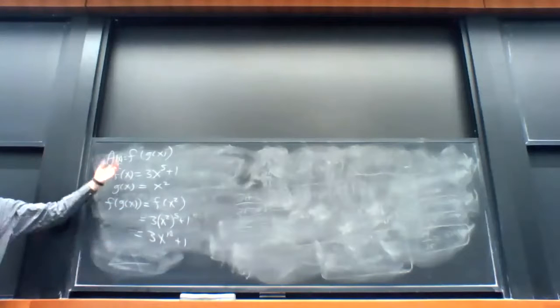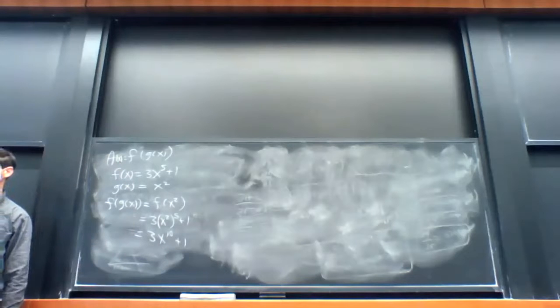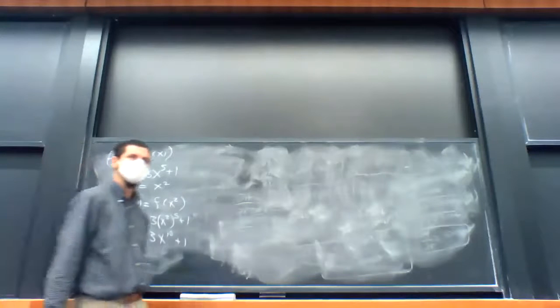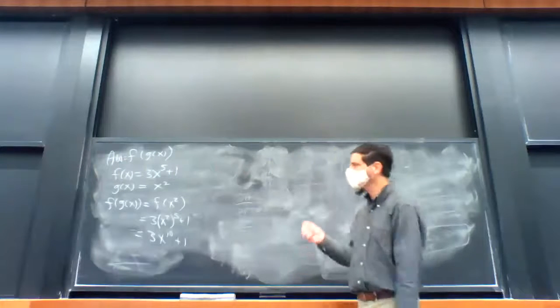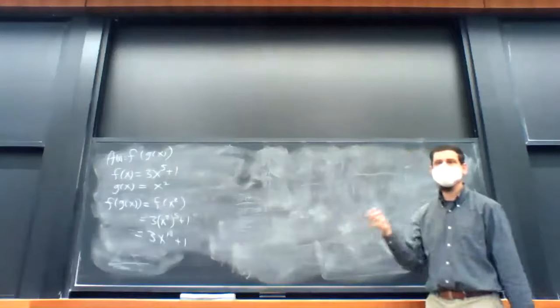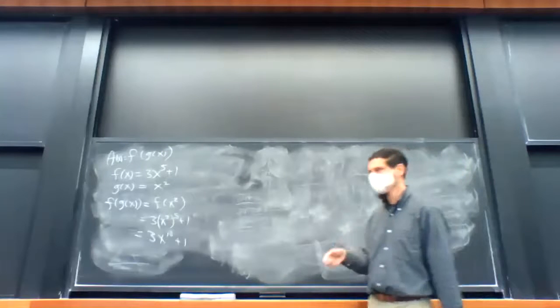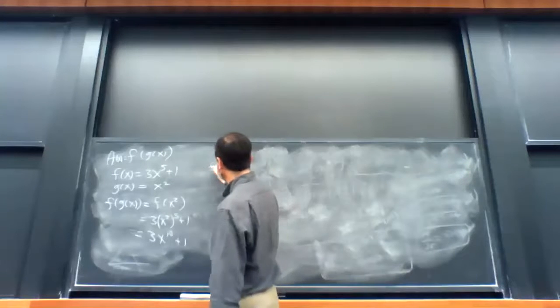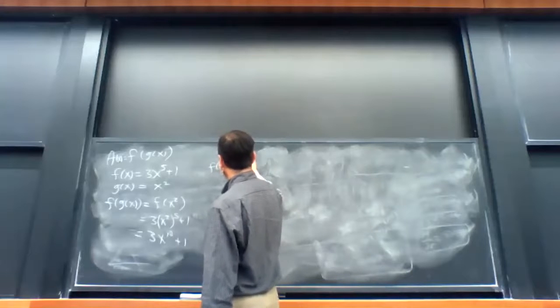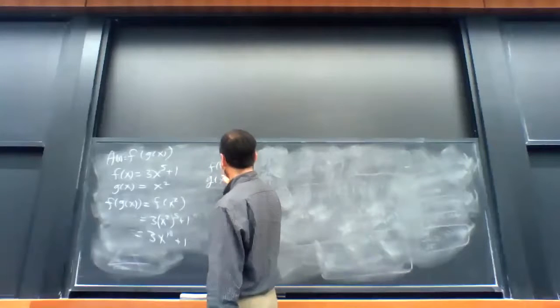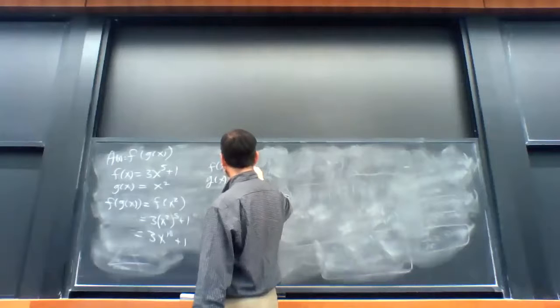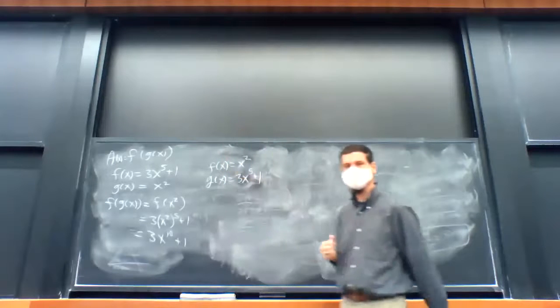Is it going to be hard for us to differentiate this? No. And then we can try to figure out, once we take the derivative, how do we relate this to the values of f prime and g prime, and f and g? I could switch things. I could say maybe f of x is x squared, and g of x is 3x to the 5th plus 1.